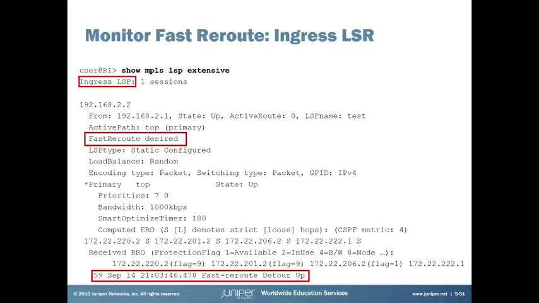Ultimately, if you configure the secondary path, it will become the active path, and traffic will be forwarded down the secondary path without being dropped. So you are protecting the circuit for that customer.